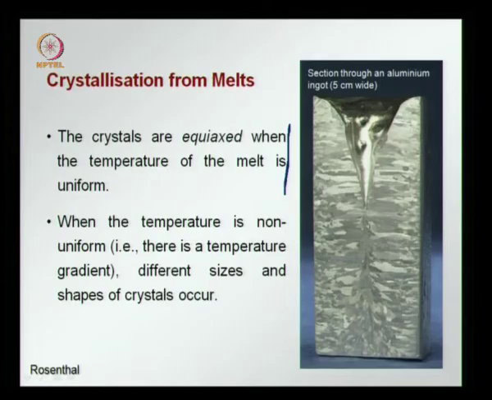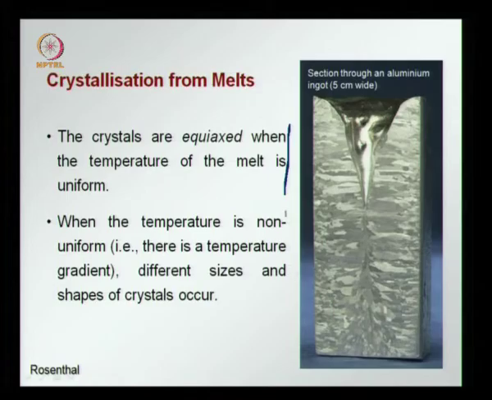However, inside there is a gradient of temperature. Innermost we have a higher temperature, outermost you have cooling occurring, so the temperature is lower. So, there is a gradient across the radius of this ingot, and in this direction we see crystals growing from outside towards the center, and we have these radial crystals occurring.